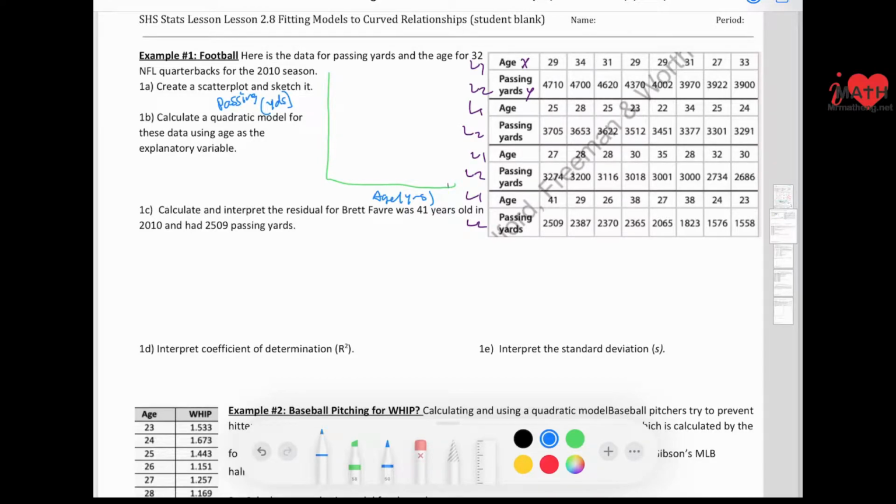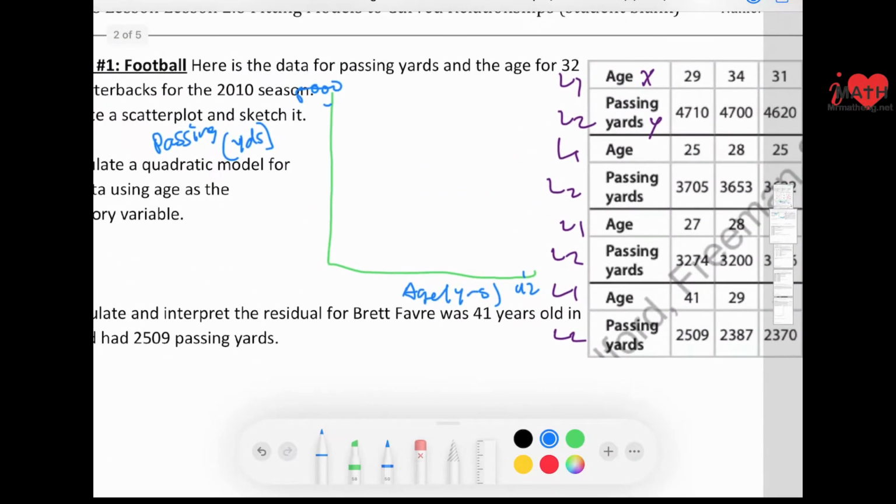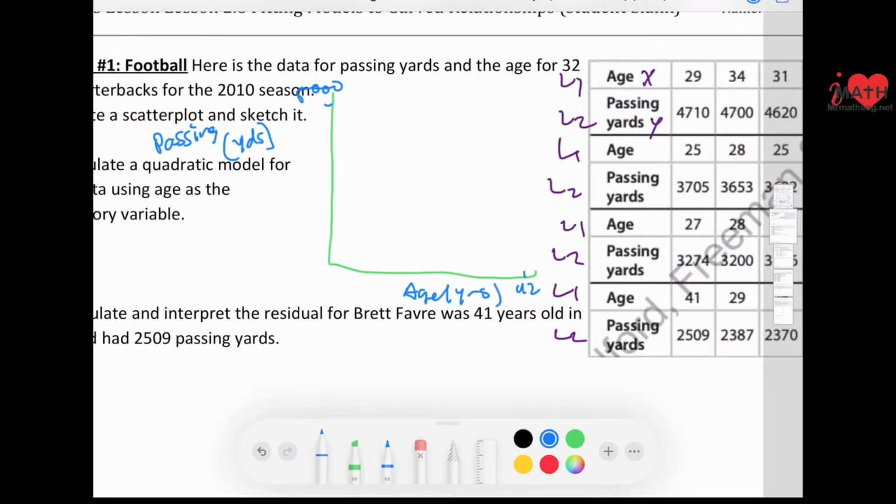And you're just doing a quick sketch, 42, and then a high of maybe 5,000. And then my data kind of looked like you had a bunch of data over here. And you might have something like that. Okay? And then you saw that the best one was to try to fit it through there.